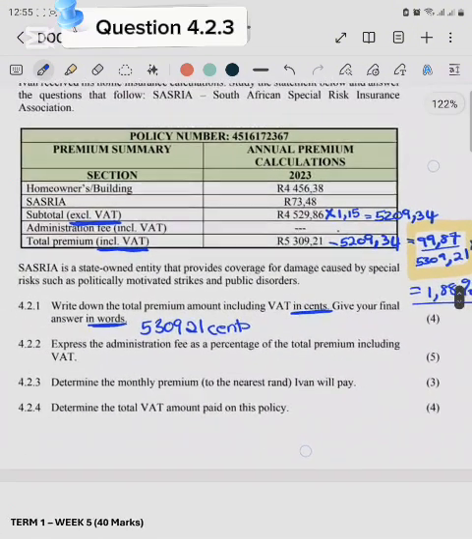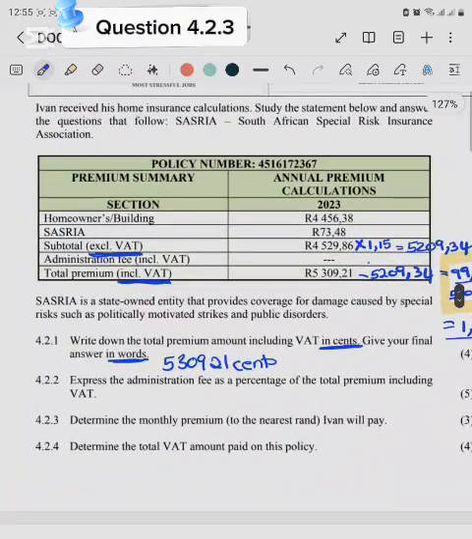Then if we go back to 4.2.3, it says determine the monthly premium to the nearest rand that Ivan is going to pay. So if this is an annual premium, and by the way, I know it's annual because I'm seeing at the top here, it tells me here, annual premium. So I need to make it into a monthly premium. And all that I'm going to do is take the annual, which was 5309.21, and divide it by 12.